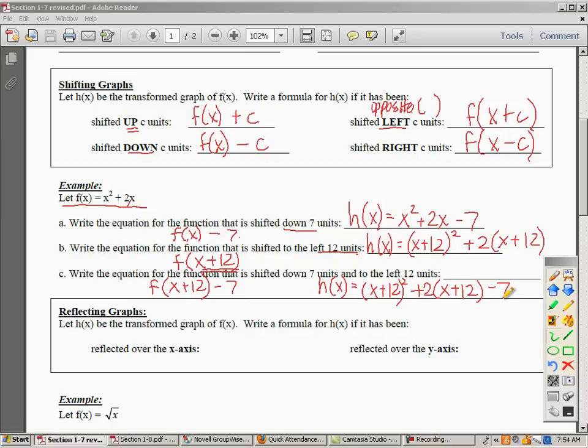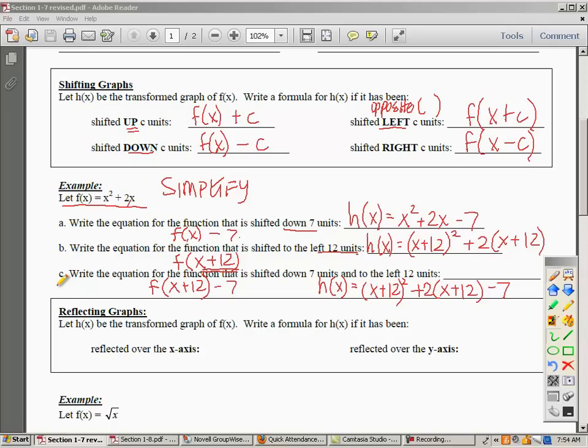Now, normally, again, we would ask you to simplify, but for time here, I'm going to leave it, and I'd rather that you get the general idea. But again, we would normally ask you to simplify it. If you have questions about this in class, please let me know.